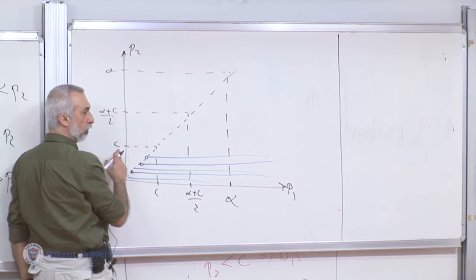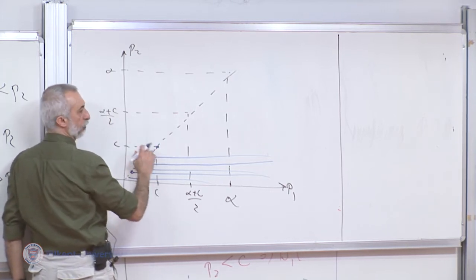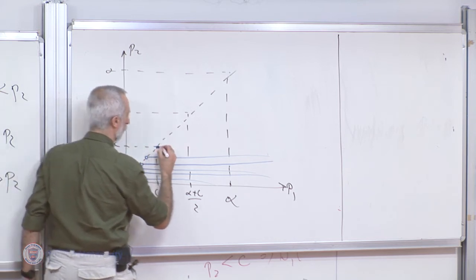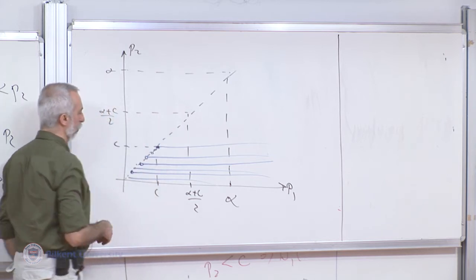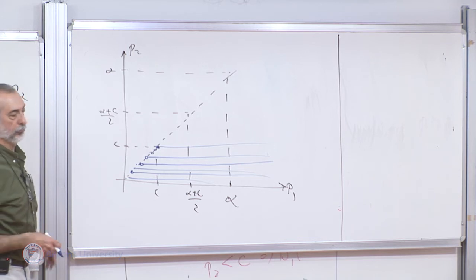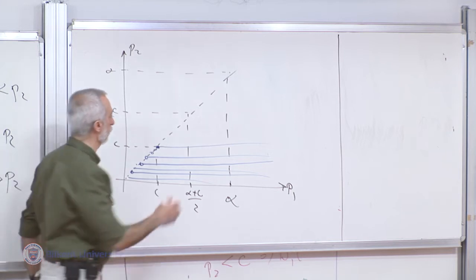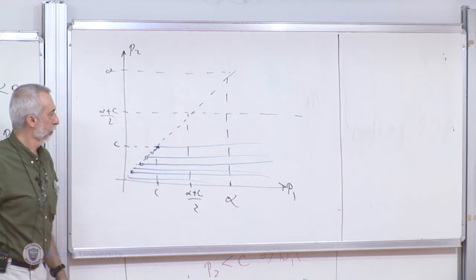And when P2 is equal to C, this time it was, again, from P2 to infinity, but P2 was included. So these are all open, but that's closed. When P2 is between C and alpha plus C over 2, there was no best response, so there's nothing to mark.